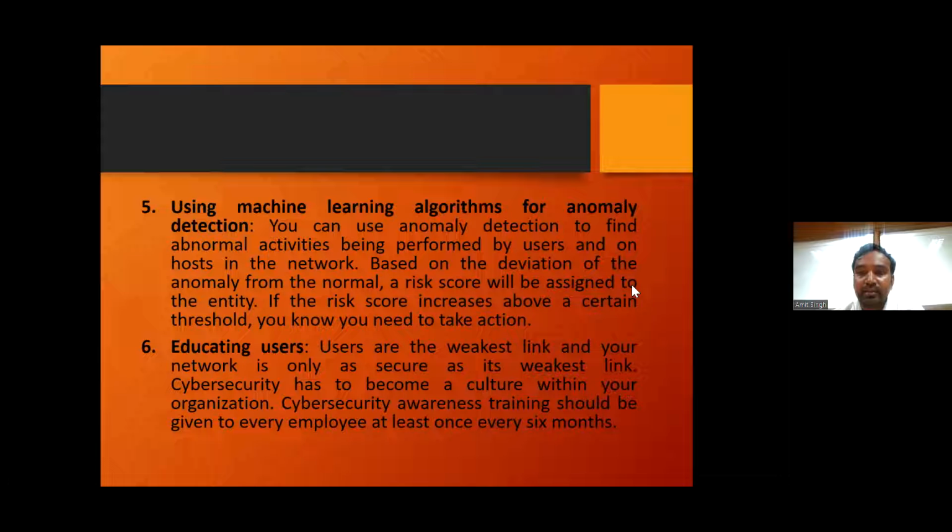These are ongoing live cases where you have a SIEM or SOAR implemented in your system that actively monitors the logs, the service requests to your firewalls and other things, and you can see who is logging in, whether there are any attacks, any brute force type of attacks. That kind of algorithm you can apply. And sixth, lastly, is educating your users, because users are the weakest link in any system. Until they are trained, you cannot protect your system at all.